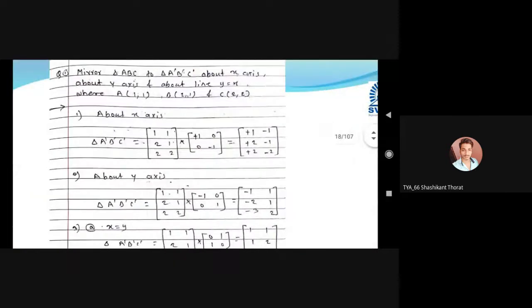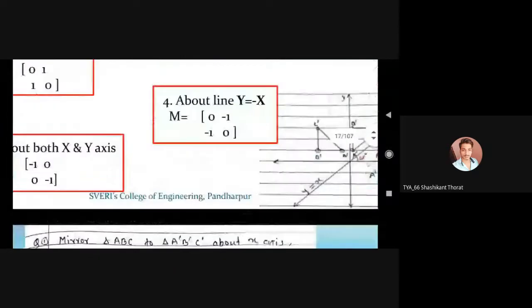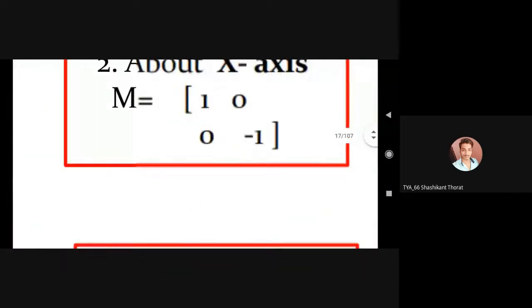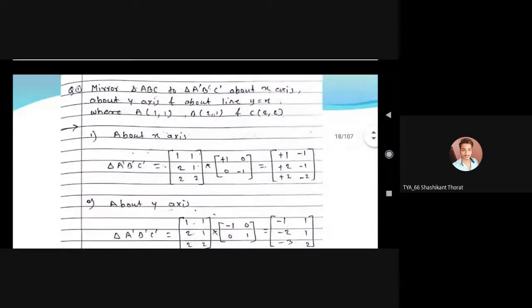So take one example for the mirror directly. Mirror triangle ABC to triangle A dash B dash C dash about the x-axis. What is the formula for about the x-axis? We should remember that about the x-axis we have to multiply by 1 0 0 -1. What is the procedure to solve the problem?